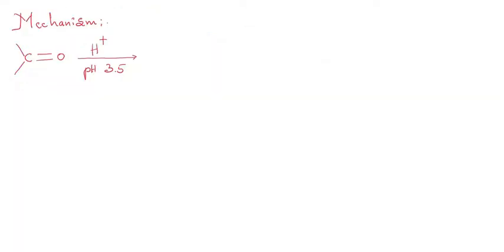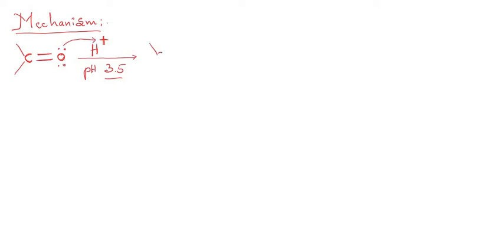So in this mechanism we are going to take a carbonyl compound, that is mentioned here already. We have here C double bond O. This carbonyl compound in the presence of acidic medium, so at a pH of 3.5, already has 2 lone pairs of electrons. Of these 2 lone pairs, one will take this H plus.